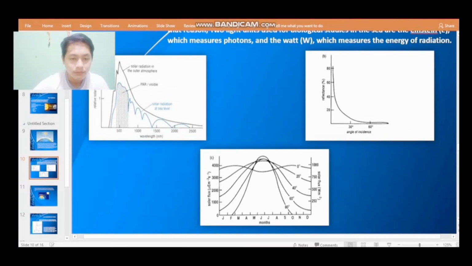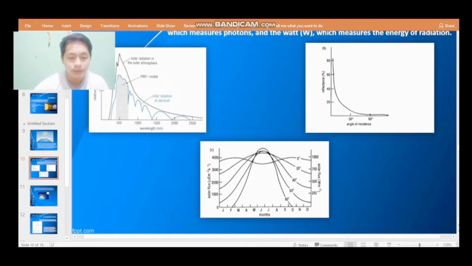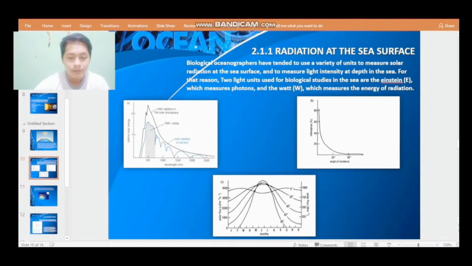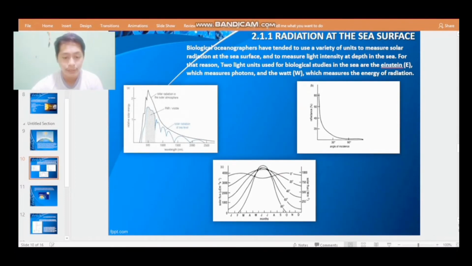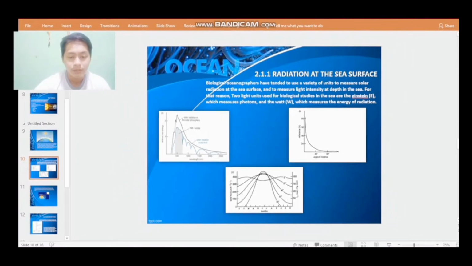The next study is the percentage of light reflected from a calm surface as a function of sun angle. The last study shows the changes in overhead solar radiation received at the sea surface with the latitude and season in the northern hemisphere, with contour lines that represent latitude.